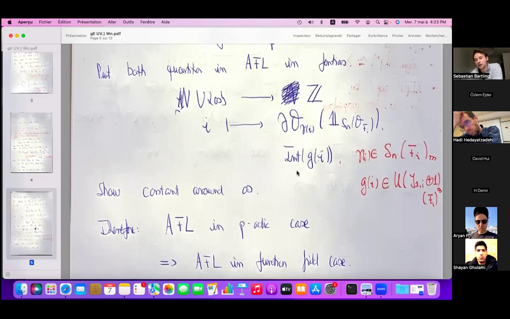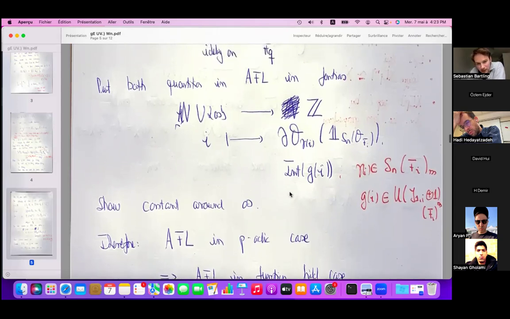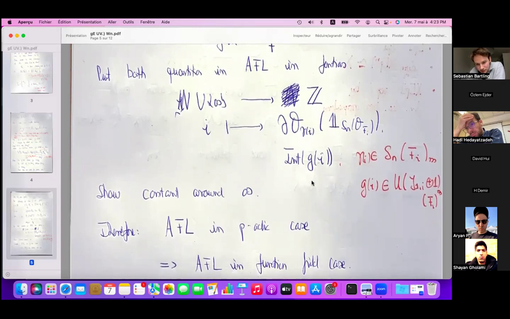And what I want to tell you is how to set these Rapoport-Zink spaces into a family indexed by i to construct this function. Okay, that's the very rough idea of how to do this.